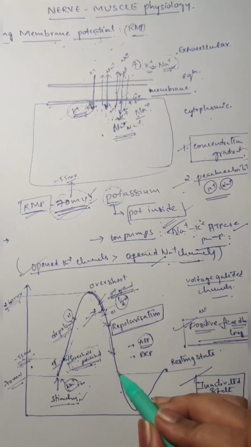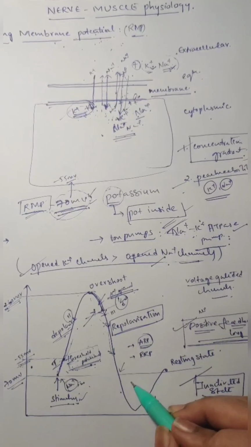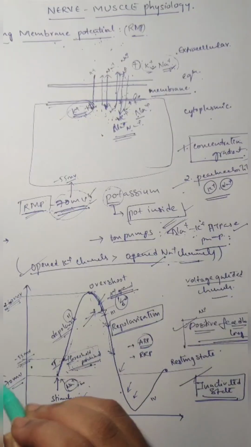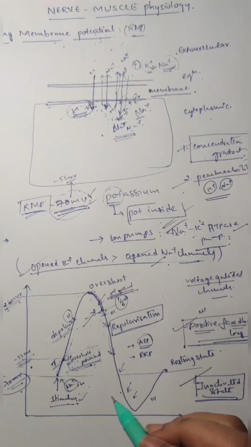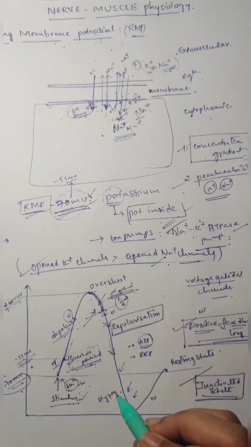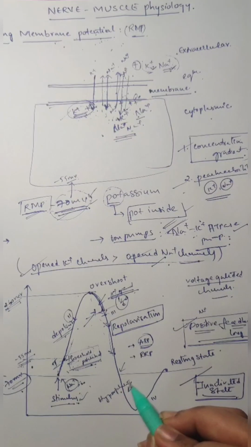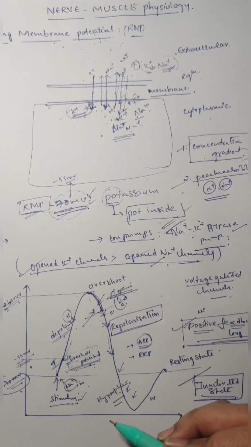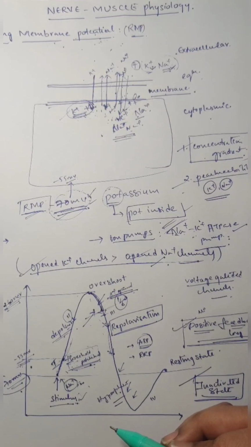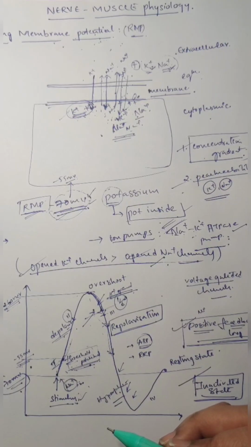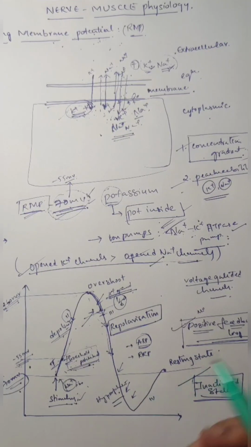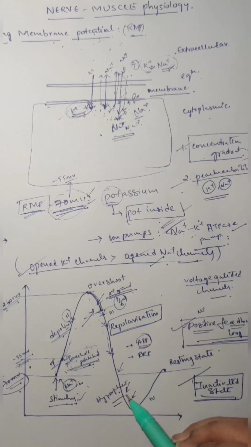When more potassium ions keep coming inside, the potential goes beyond minus 70 millivolts. That is called hyperpolarization. Voltage gated potassium channels bring the action potential to an end. That's why it is called a negative feedback process.